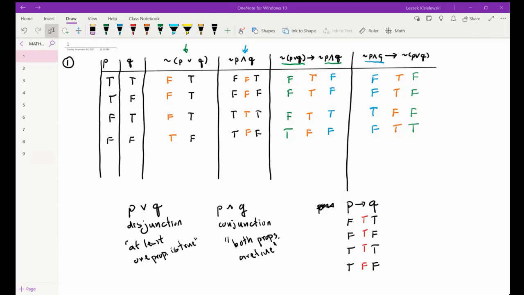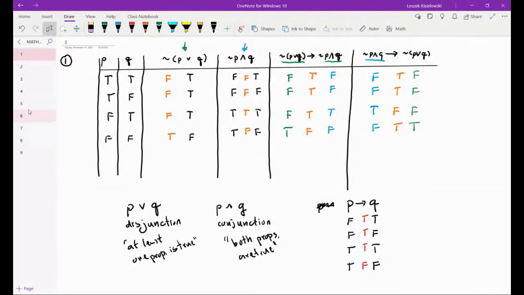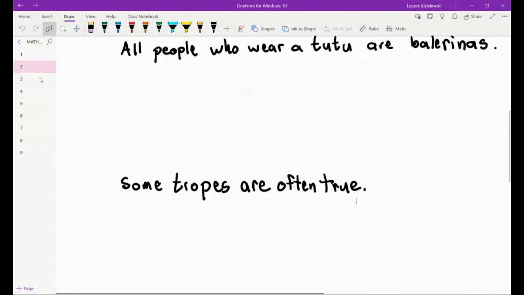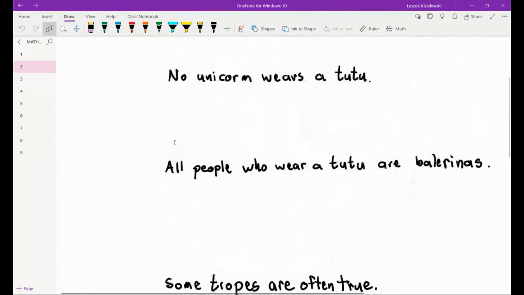Does anybody have questions about the truth table, say on your review, or anything serious? All right. Okay. In that case, we can move on to number 2.